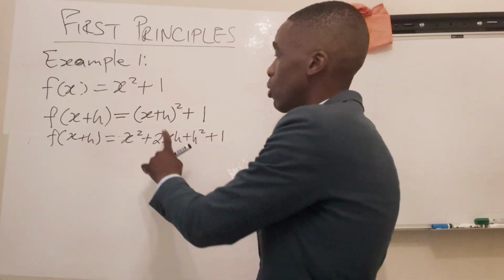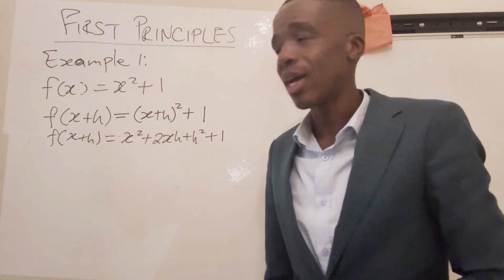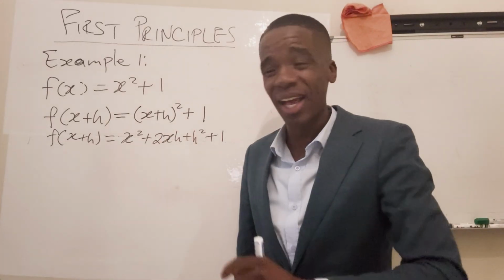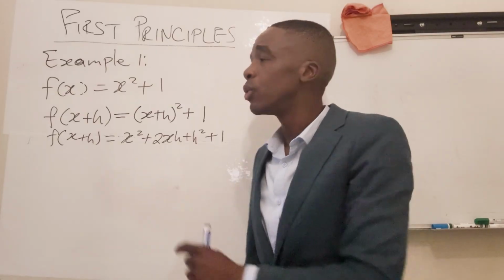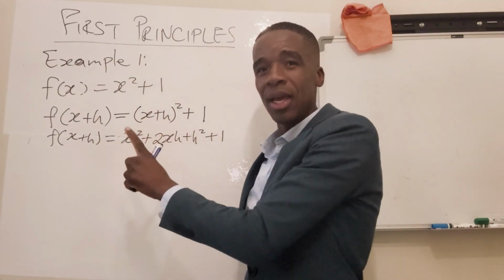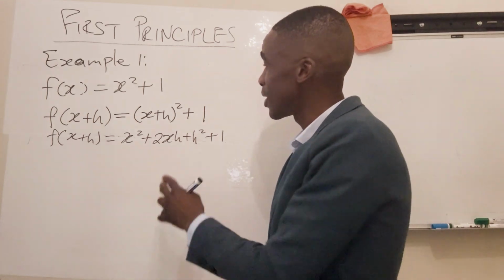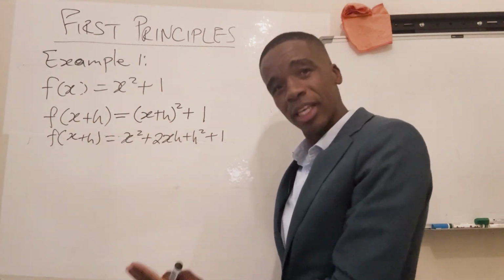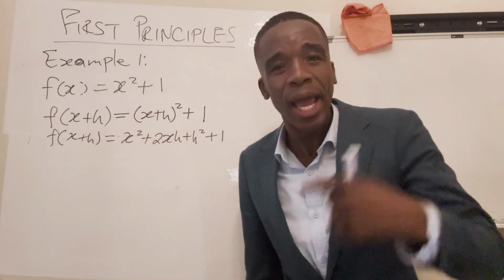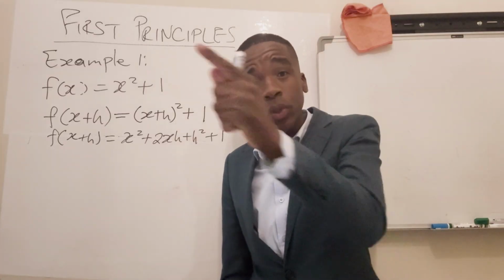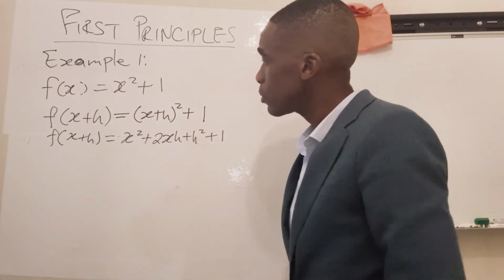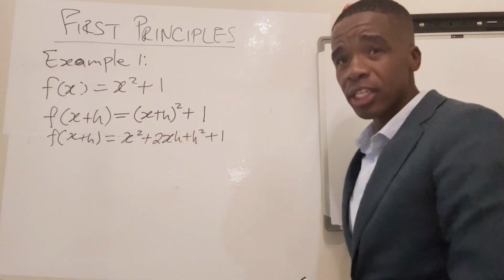Can you please do that? If you feel it's too tough to get here, you just open the bracket twice, and then you use the FOIL method: x plus h into x plus h, plus 1. Then you would do the FOIL method thereof, and that is your f of x plus h.